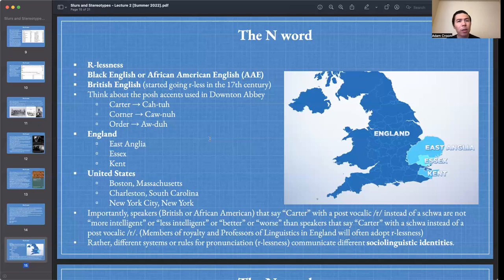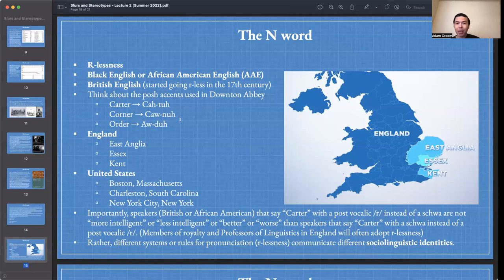It has to do with whether this is the way speakers in your community pronounce things. And we see that in England, for example, in East Anglia, Essex, and Kent, that they pronounce words without an R at the end, or at least they apply R-lessness in these cases.